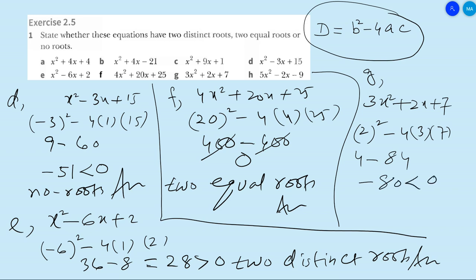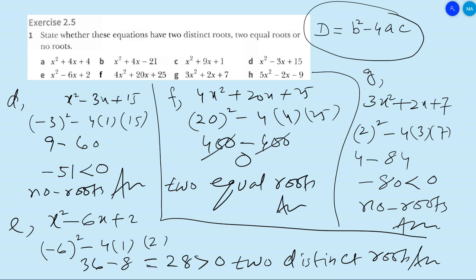Minus 80 is less than 0. So less than 0 means we have no roots, because if discriminant is negative or less than 0, then we have no roots.